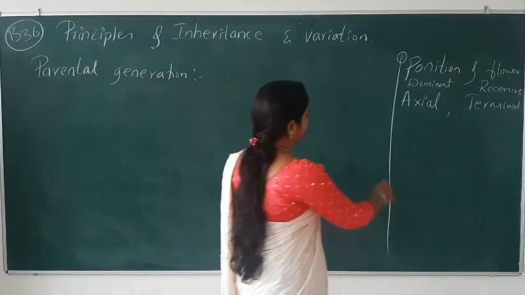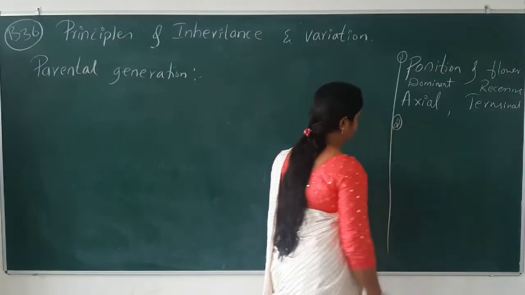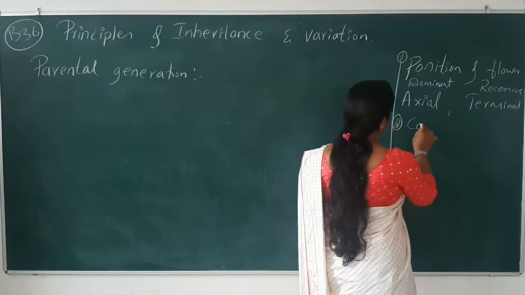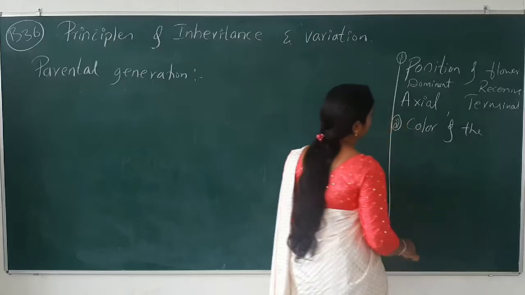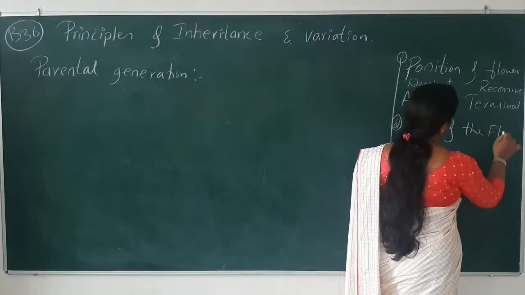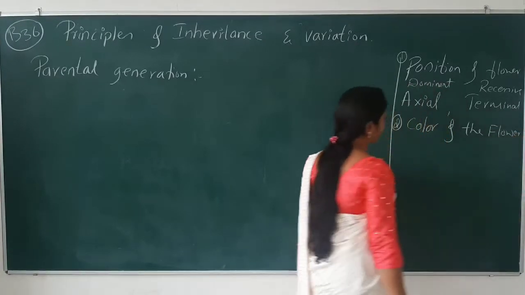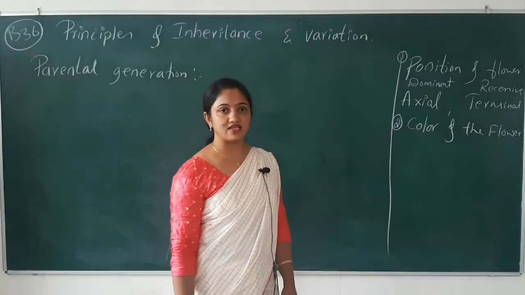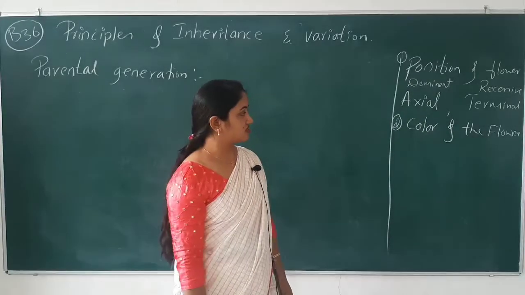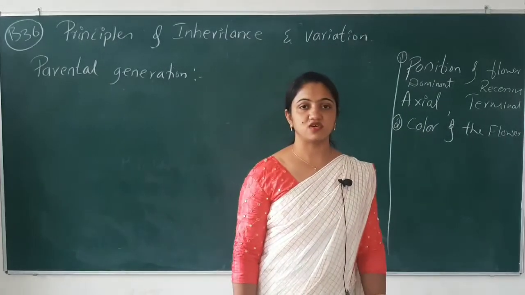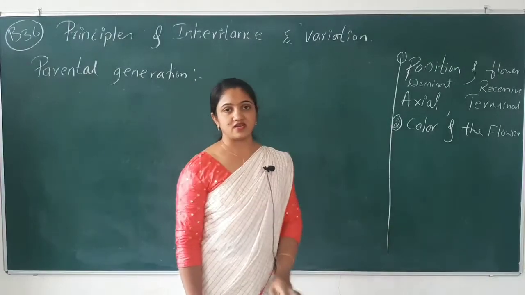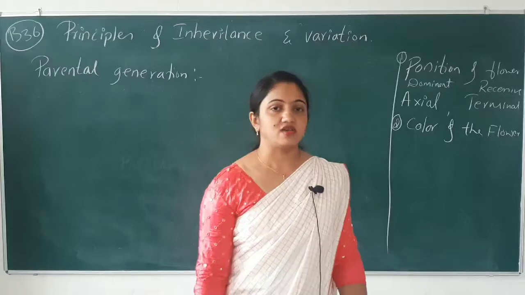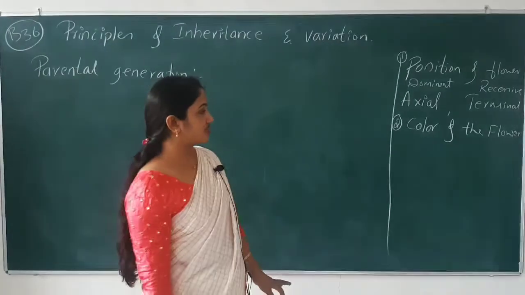The second character is color of the flower. Color of the flower, as you remember, while doing the contrasting characters, out of 7 we studied all 7 characters. So in that, flower color was also there.